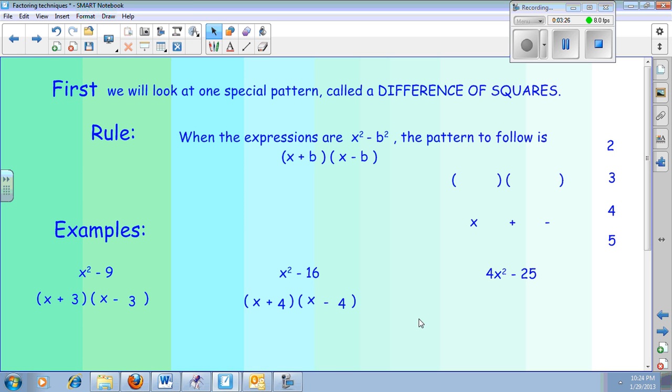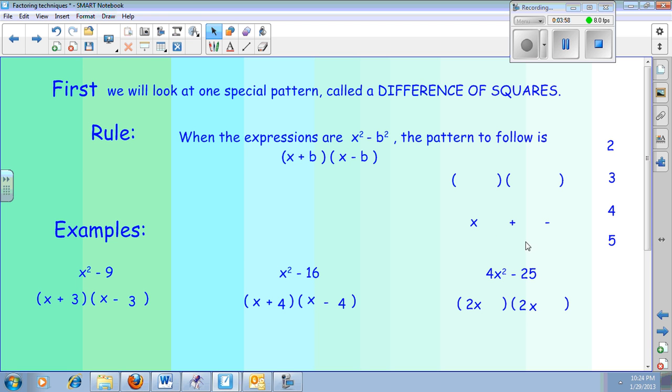And you have x squared minus 16 as a result. The last example here for difference of squares is a little bit different because instead of just plain x squared, it's 4x squared. But notice that 4 is also a perfect square. So we can take the square root of 4 and start our binomial with that. Put 2 in each parenthesis. Since it's x squared, we still need an x for each in the first term.